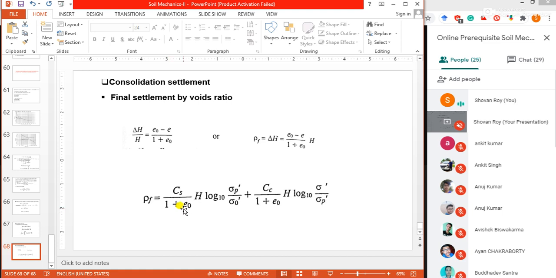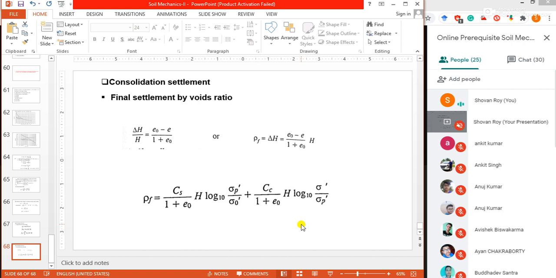So using Cs, we can use this equation to find out the final settlement: Cs by 1 plus e0, H, log 10 base sigma P dash by sigma 0 dash. Sigma P is nothing but the final pressure.